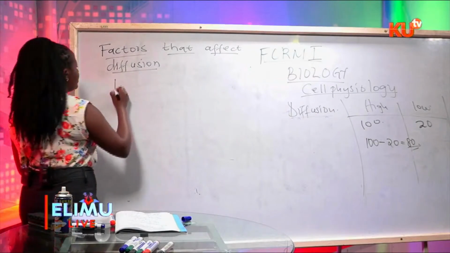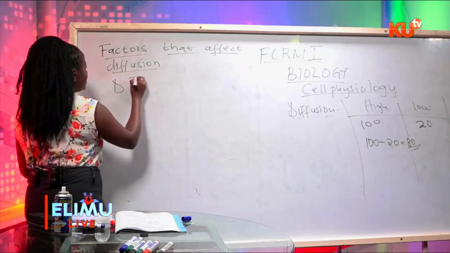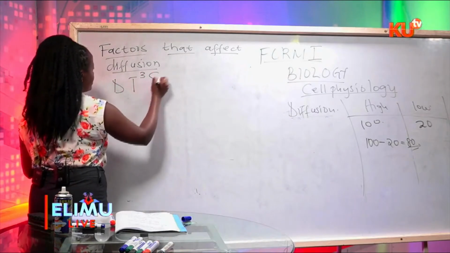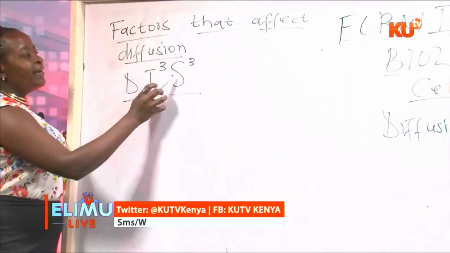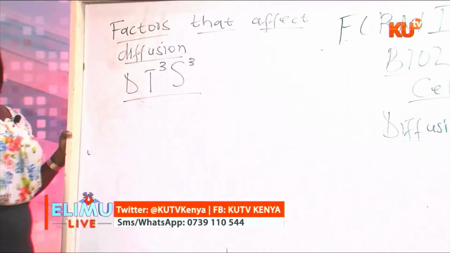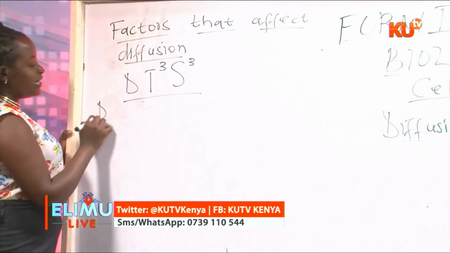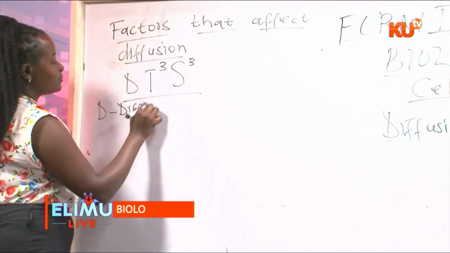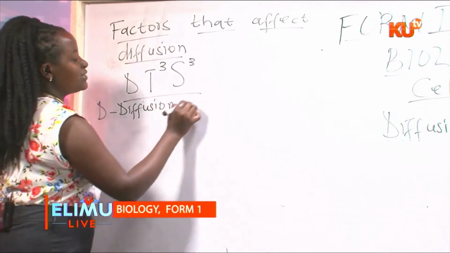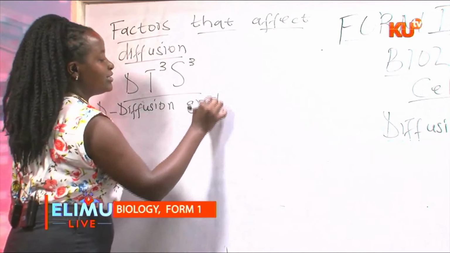So you write D, T cubed, S cubed. So D stands for diffusion gradient.